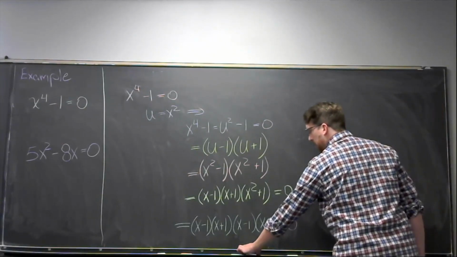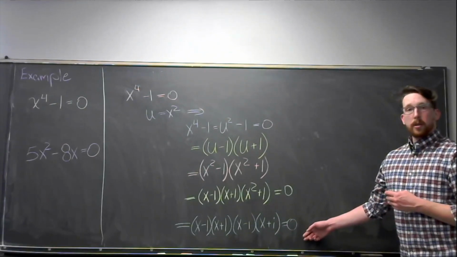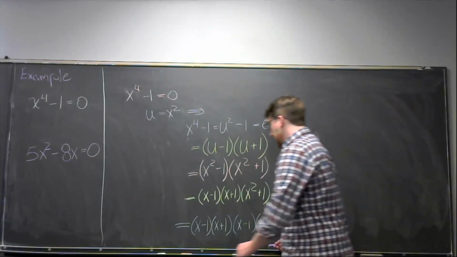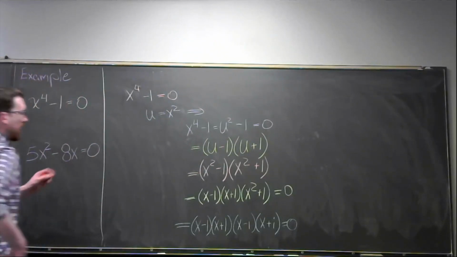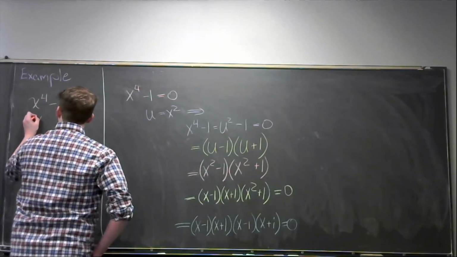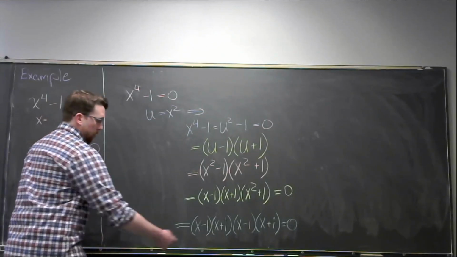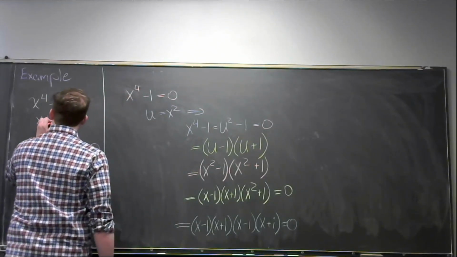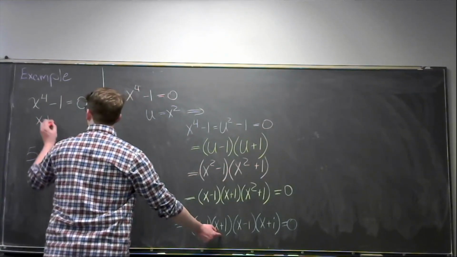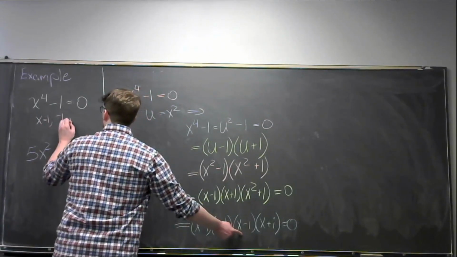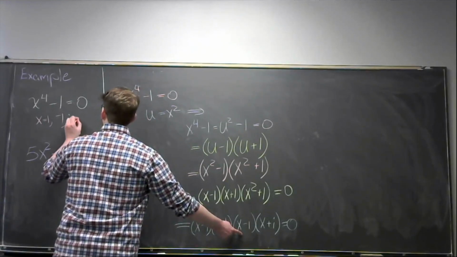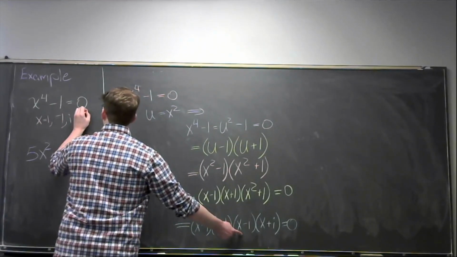Okay, so what this means then is that the solution to our first problem has to be x equal to 1, x equal to negative 1, x equal to i, and x equal to negative i.